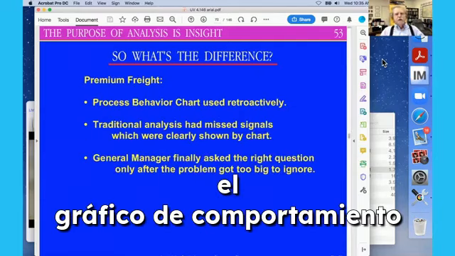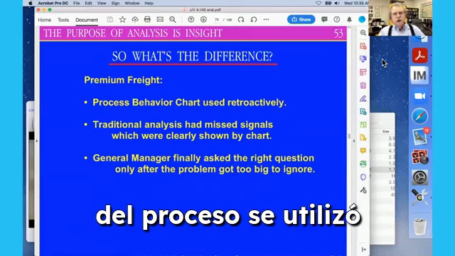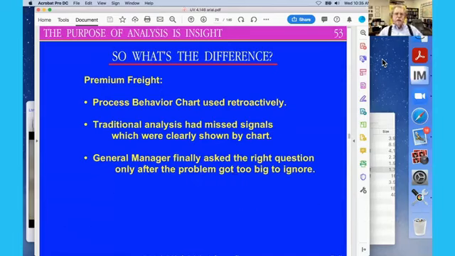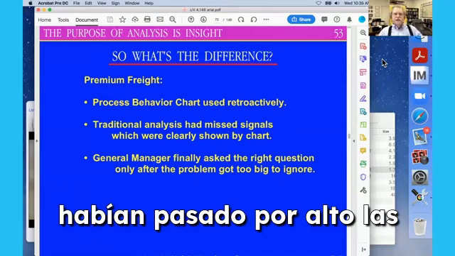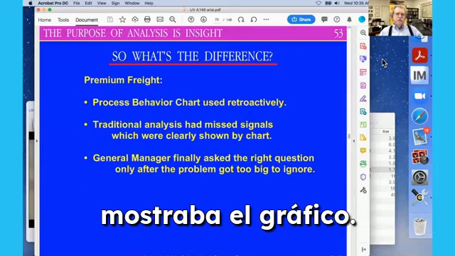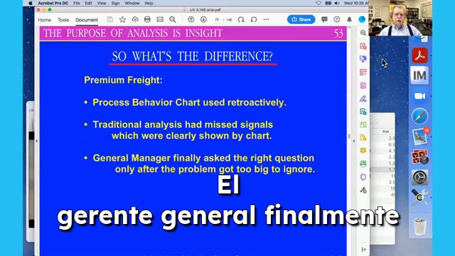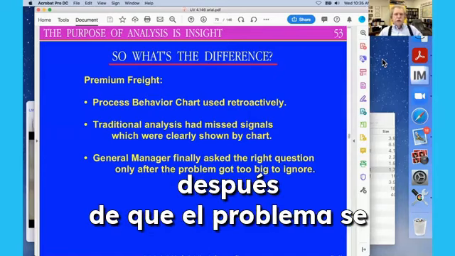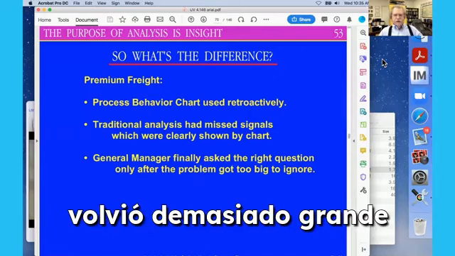And premium freight. The process behavior chart was used retroactively. Traditional analyses had missed the signals which were clearly shown by the chart. The general manager finally asked the right question only after the problem got too big to ignore.